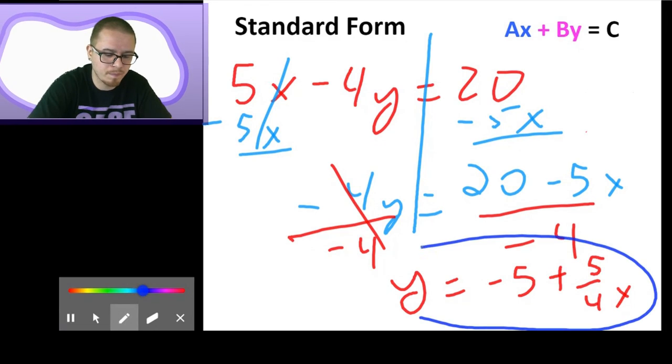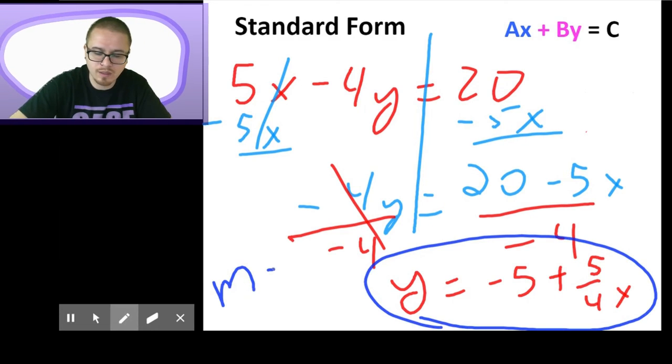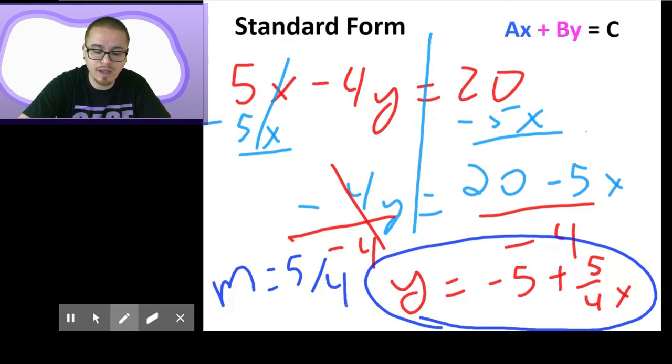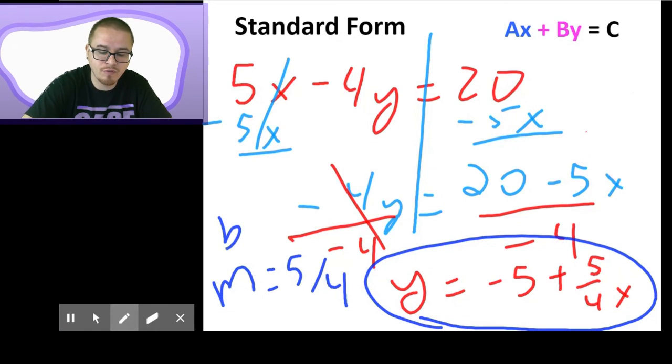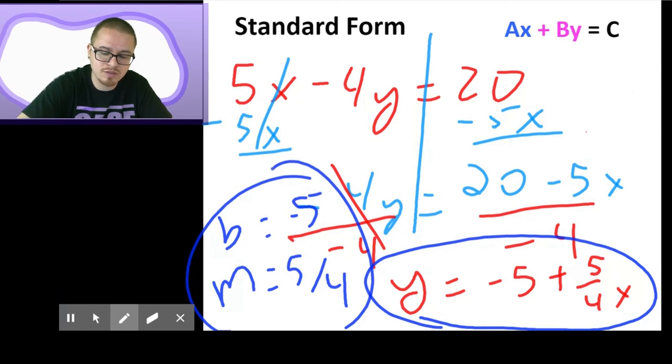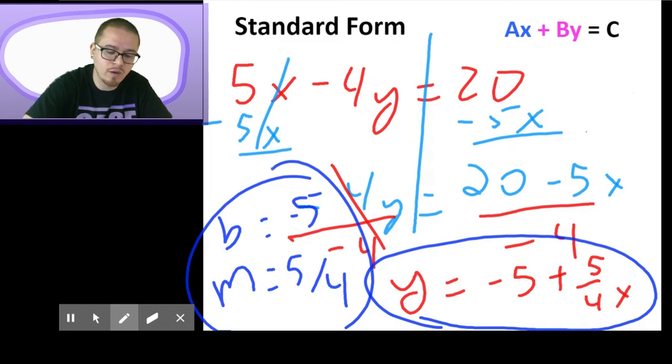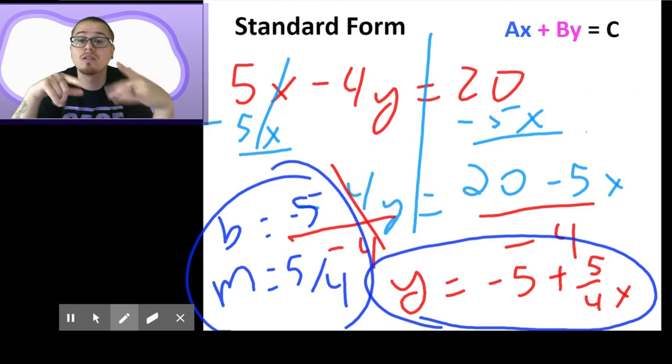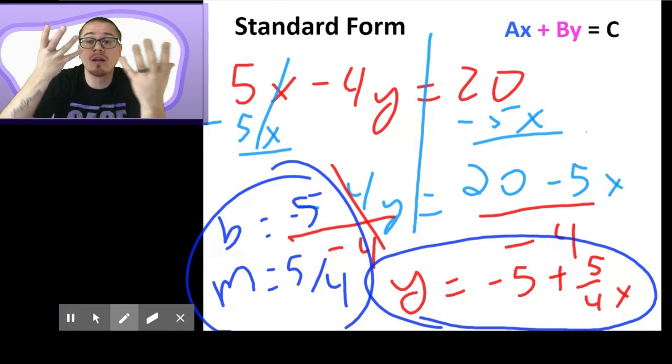This is written in slope-intercept form. You have the m, which is 5 over 4, and you have the b, which is negative 5. You can go ahead, plot that y-intercept, do what the slope says, go up 5 over 4, and get that line.